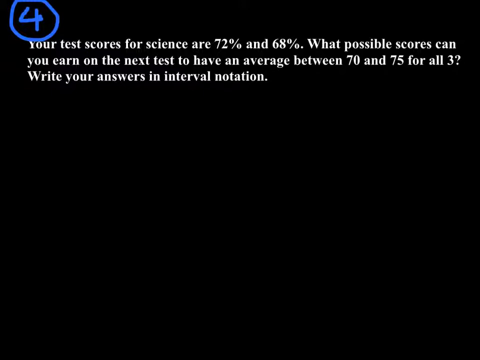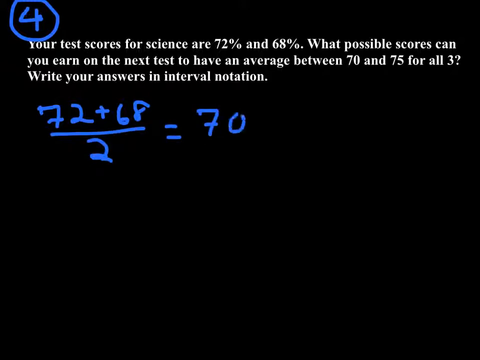First off, if we want to know our average right now, we can take 72 plus 68 and divide by 2, and of course we know that's going to be 70. It's going to be right in between those two. Okay, so we have to get at least a 70. So I'm going to say x is going to be at least, which means greater than or equal to a 70 on this next test.